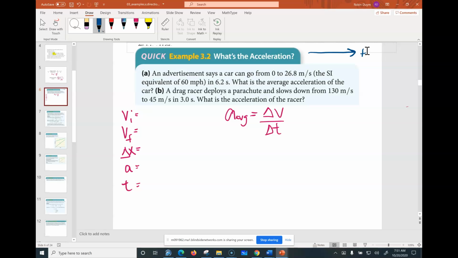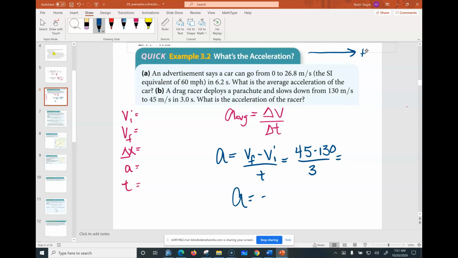It got rid of my work. So 45 minus 130 all over 3. Who got it? Any virtual kids out there? You still with me? How about my virtual kids? Let's do a little test. Can you type Tuesday in the chat just so I know you're still with me?